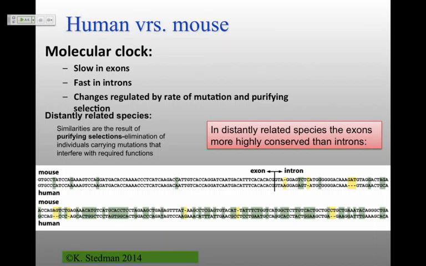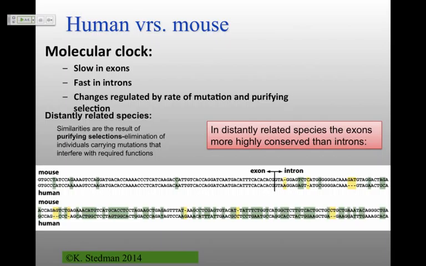You just get the sequence of the mouse genome, you get the sequence of the human genome, you compare them to each other, and then you find the areas where the nucleotides are more similar to each other. You say, oh, those are likely to be exons versus the introns, which are right next to them. And it works extremely well. And it turns out when we talk about splicing later on, you'll see that trying to figure out what is an intron and what's an exon is sometimes really hard.